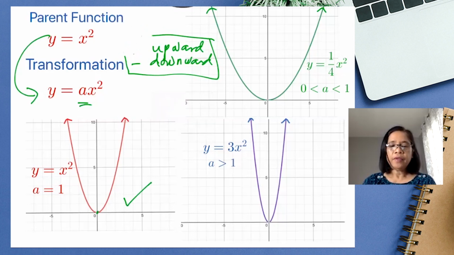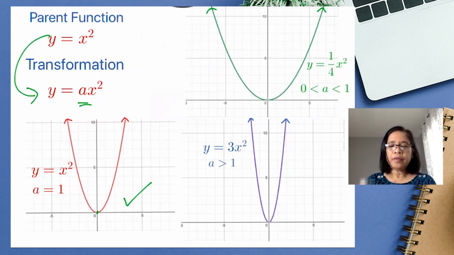So if the value of a is positive and greater than 1, how does this graph compare to the graph of the parent function here?